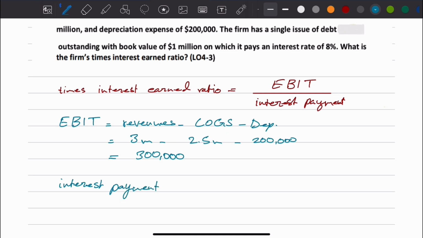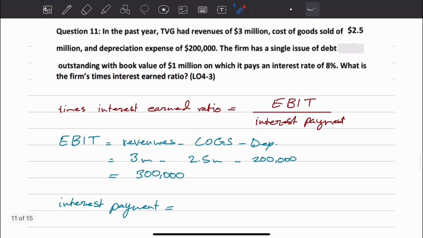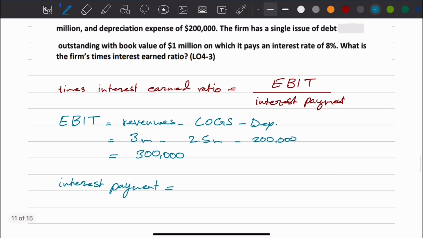Now the second component that we need is the interest payment. And we do have some data regarding that. It says that the firm has a single issue of debt outstanding with book value of 1 million, on which it pays interest rate of 8%. So that means that the interest payment is going to be 8% of the face value of the debt issue. So we can derive our own formula.